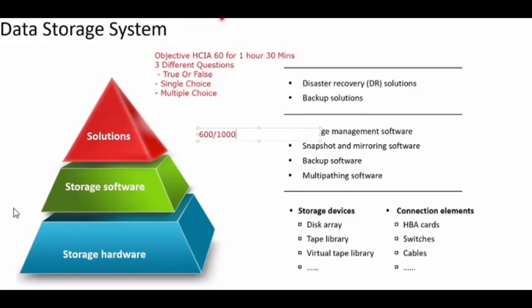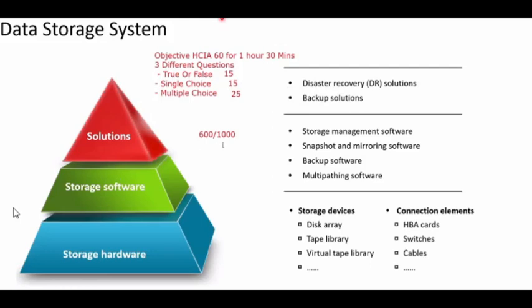About 60%. The passing mark is 600 over 1,000. Different questions have different marking systems: true or false will be 15 marks, single choice 15 marks, and multiple choice, each one of them 25 marks or something.